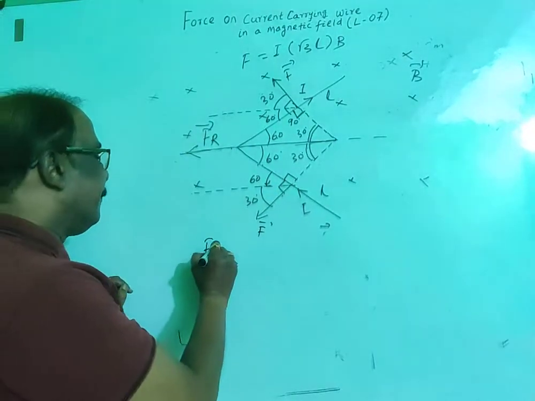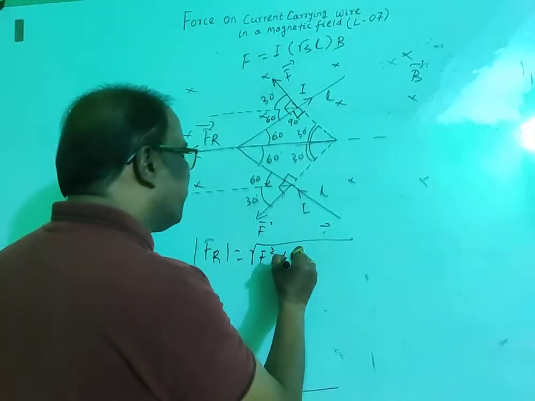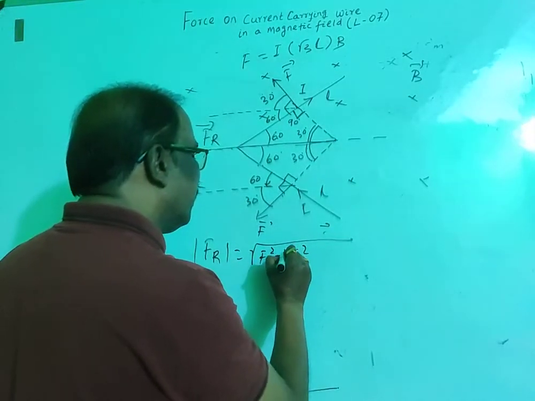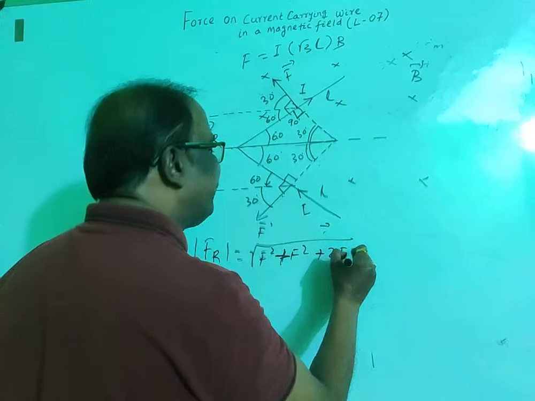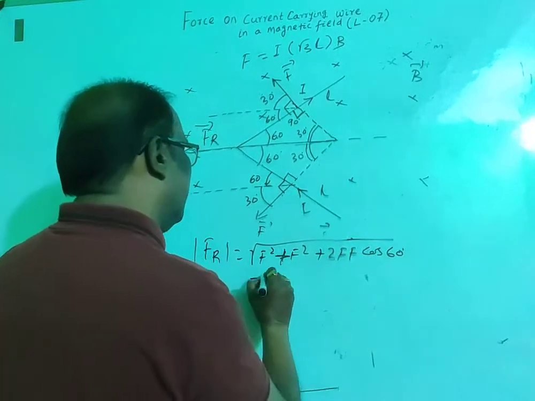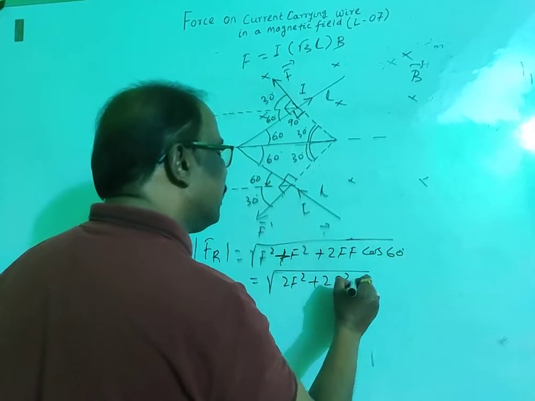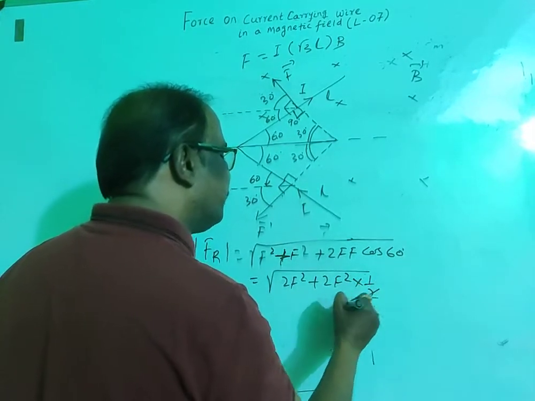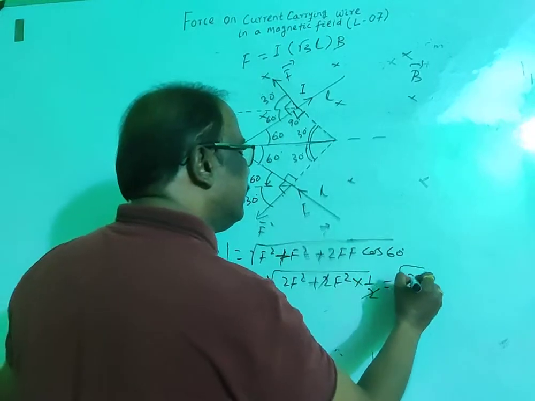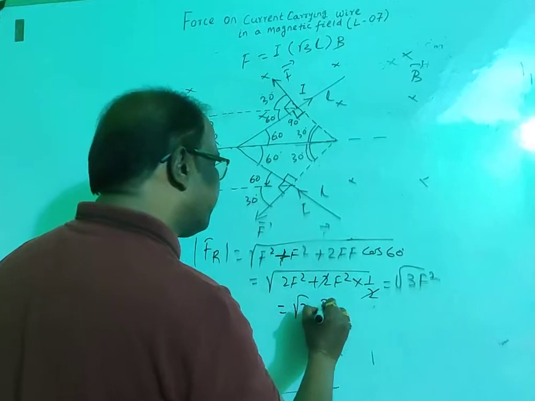And here, the magnitude of the resultant force is the square root of F square plus F square plus 2F square cos 60. This equals root of 2F square plus 2F square times cos 60, which is 1 by 2. So this comes to root over 3F square, and the answer is root 3 F.